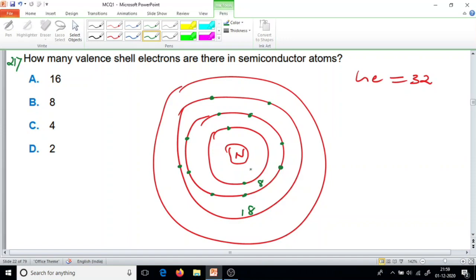So 2, 10, 28, and the remaining 4 electrons will be in the outer valence shell. So there are 4 valence electrons in semiconductor material, that is silicon, germanium, etc.